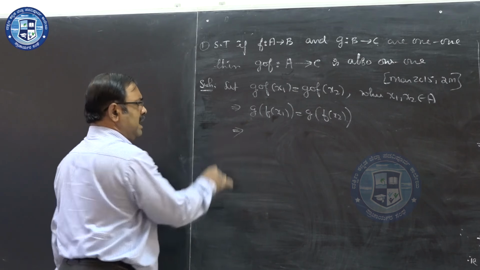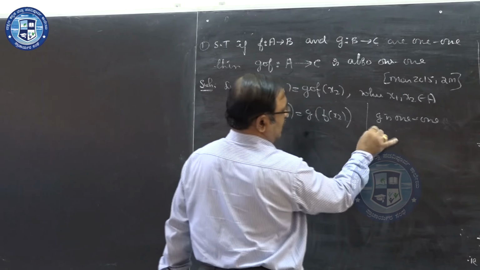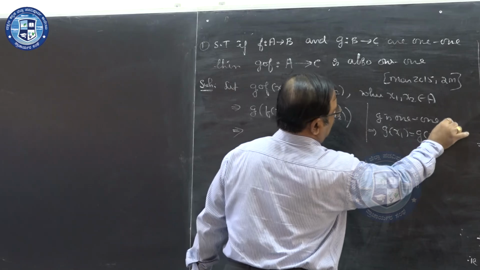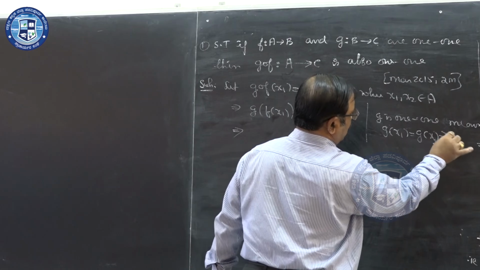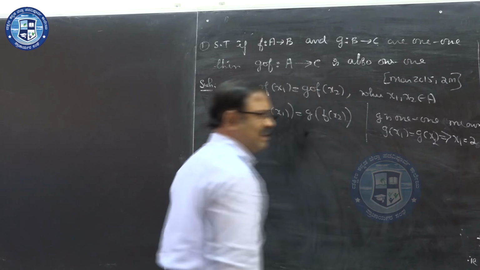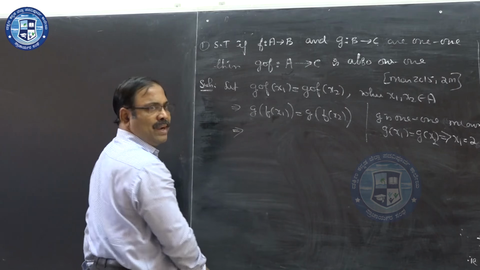See, g is 1 to 1. What is that? g is 1 to 1 implies g of x1 equal to g of x2 implies x1 is equal to x2. So g is 1 to 1.